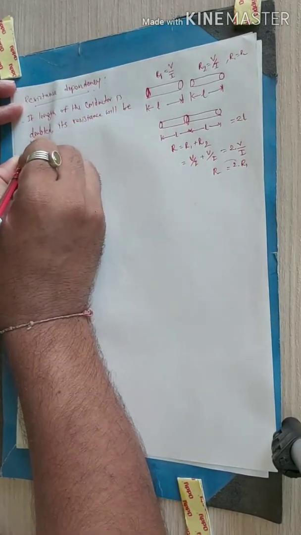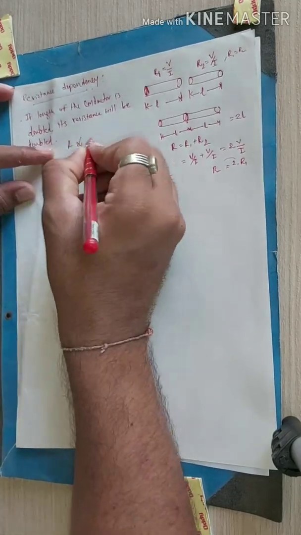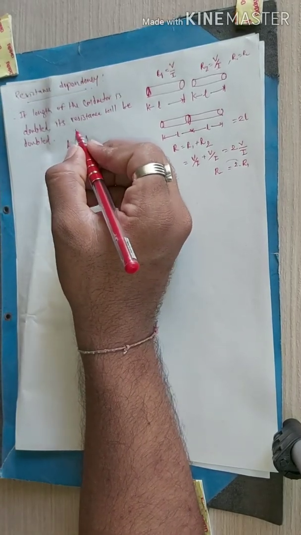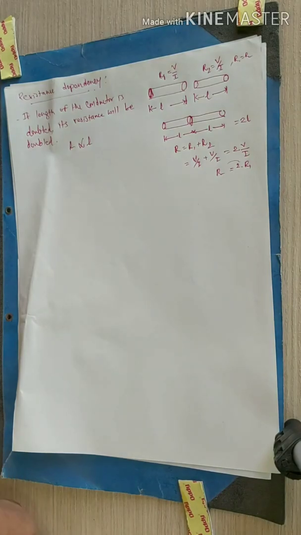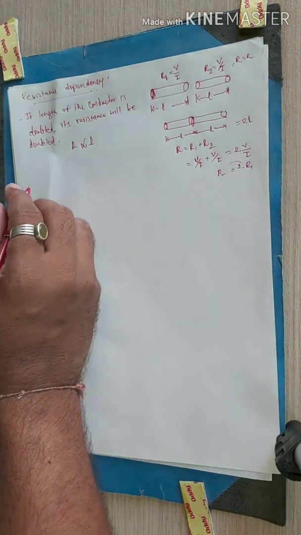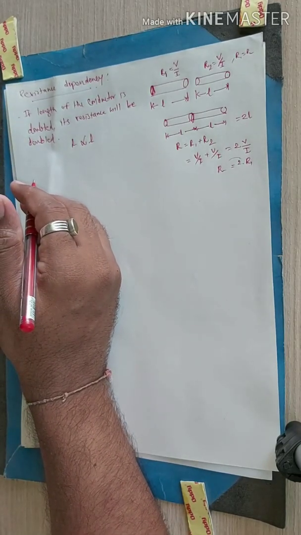So R is proportional to L. Here in this case, what we did is just increase the length, and that will increase the resistance of the conductor. So as the length is doubled, the final resistance will be doubled.